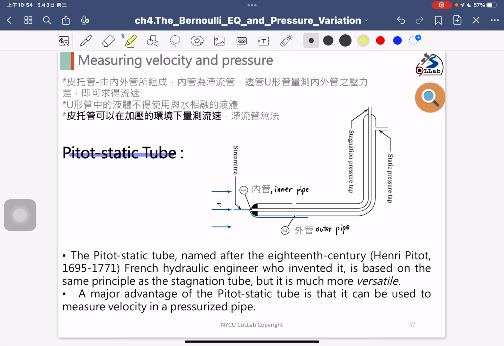The inner pipe, which I show in red and yellow here, we call the stagnation tube.